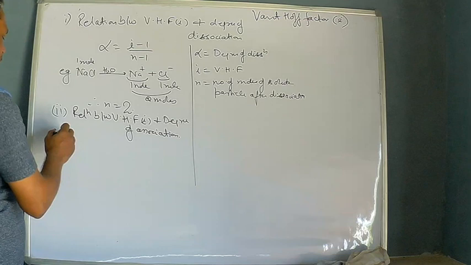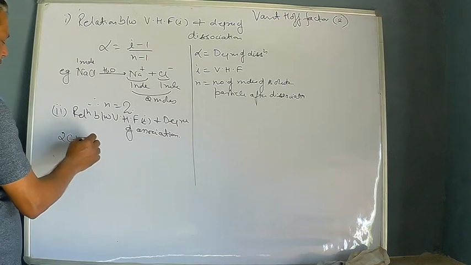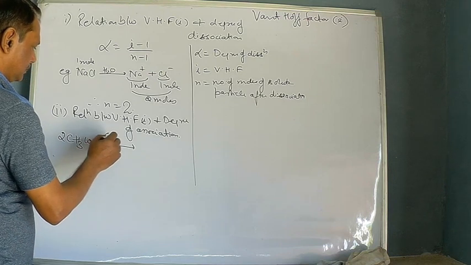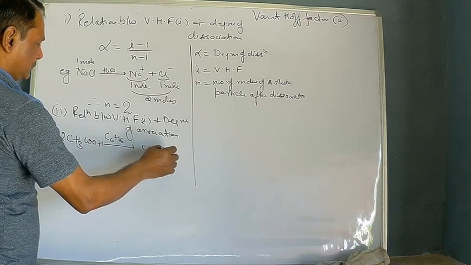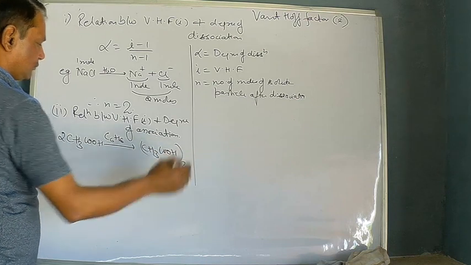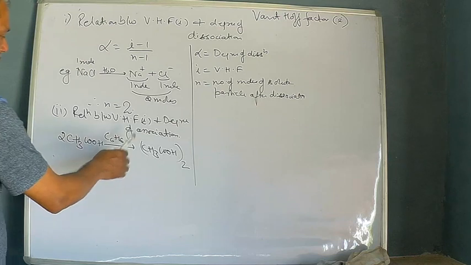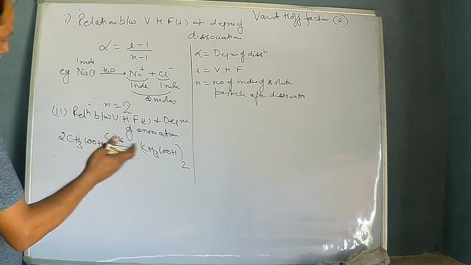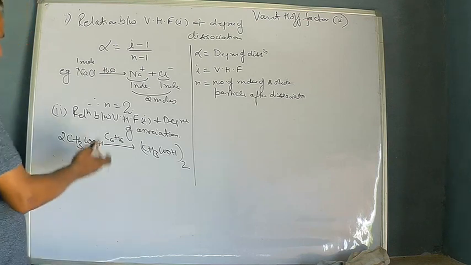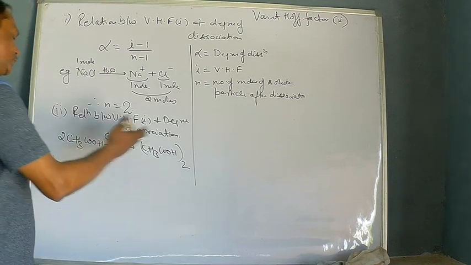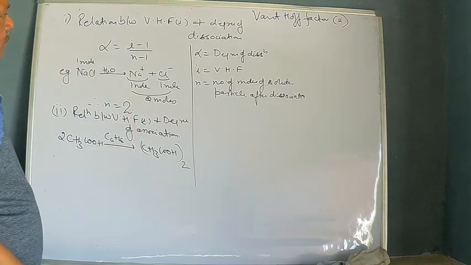I've already told you that when acetic acid is dissolved in benzene, it dimerizes to give you this. So we started with 2 moles and now we are getting only 1 mole. So number of mole is less. That's why we can call it that 2 mole of acetic acid is associating to give us 1 mole acetic acid here.